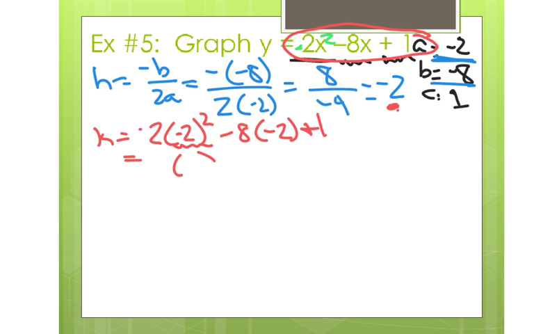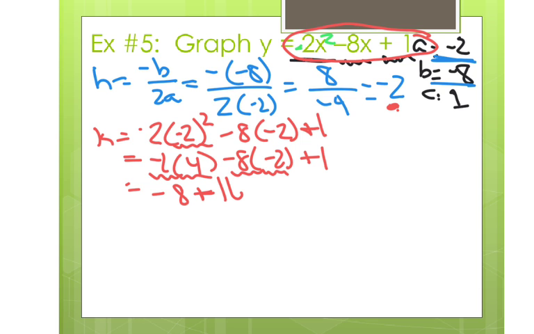Negative 2 squared is positive 4. Bring everything else straight down. Now multiply. Negative 2 times positive 4 is negative 8. Negative 8 times negative 2 is positive 16. Bring down that plus 1. Left to right, negative 8 plus 16 is positive 8, plus 1, which is 9.